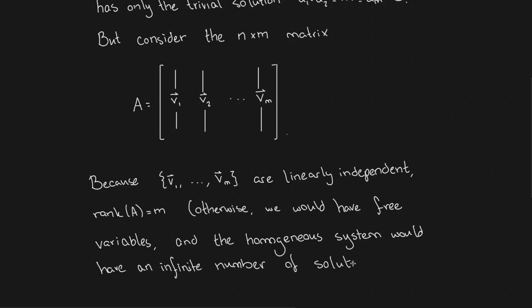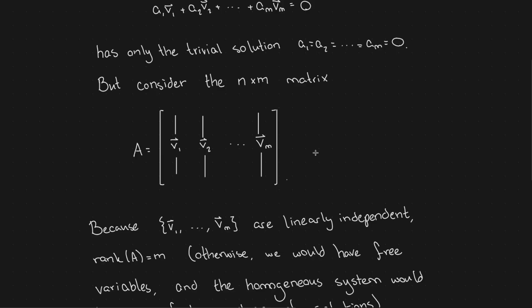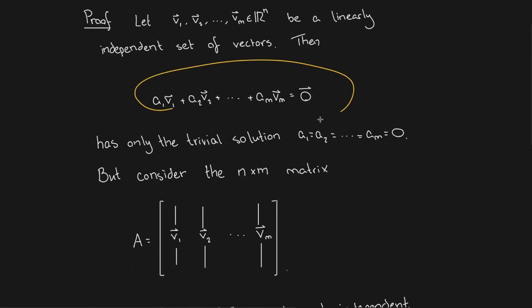And let me explain that a little more, because sometimes it can be hard to follow when we're dealing with an abstract matrix. This is the homogeneous system written in linear combination form.